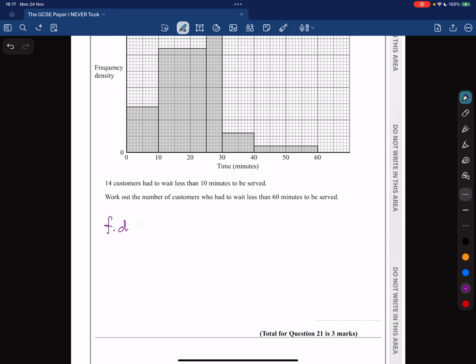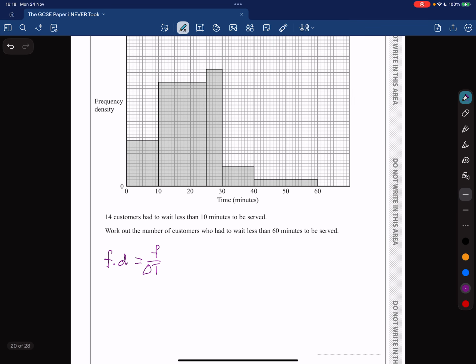Frequency density is equal to frequency divided by something else. So you should be 1.4. Yes, you are. For this example it's time, but it's the change in time, so 0 and 10.